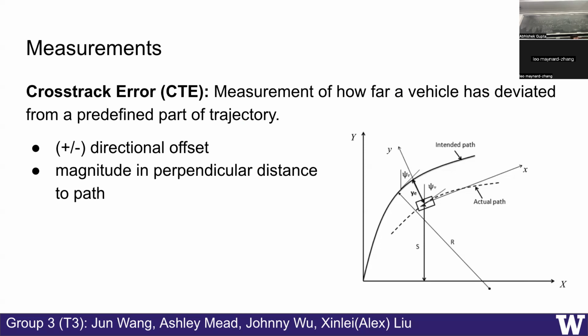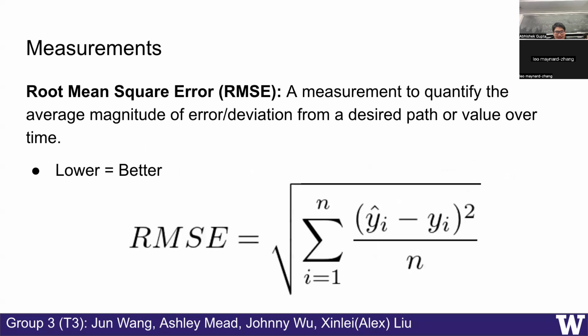The magnitude represents how far away it is from the path, and the sign, plus or minus, determines which side it deviates to. Next up, root mean square error. It quantifies the average magnitude of error from the desired path, and this is the equation. Obviously, the lower it is, the better it is.